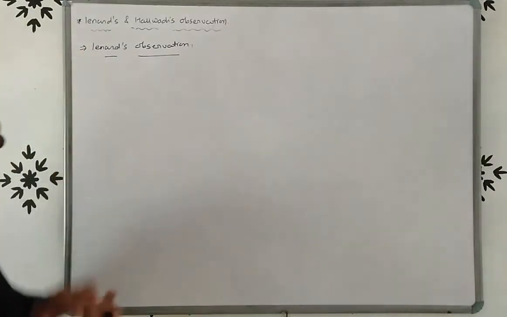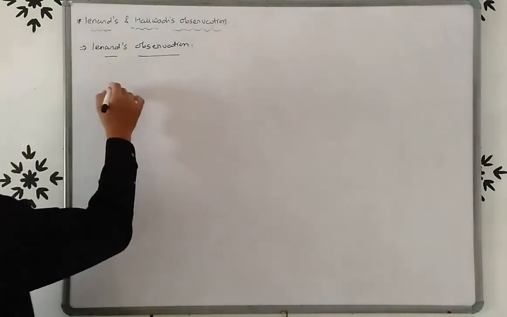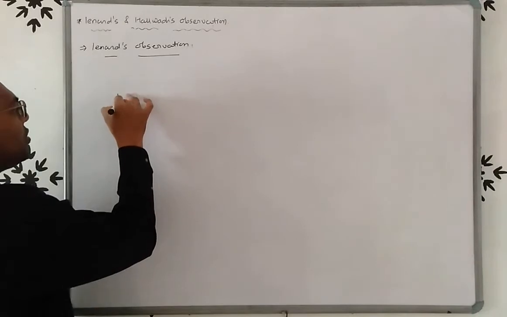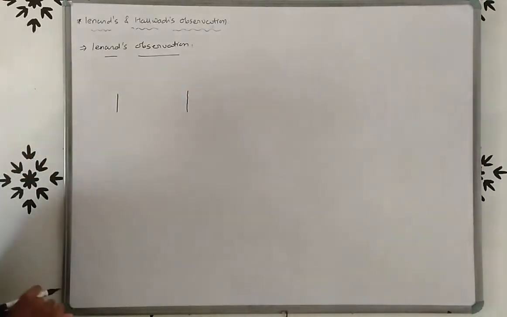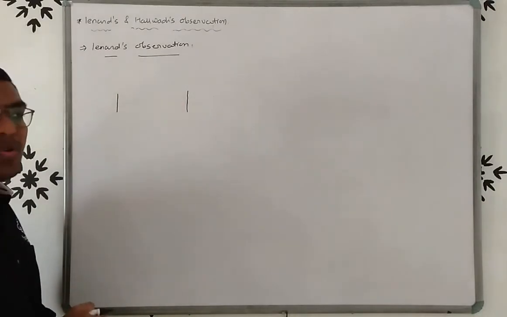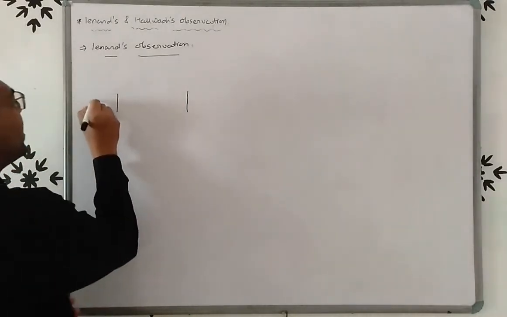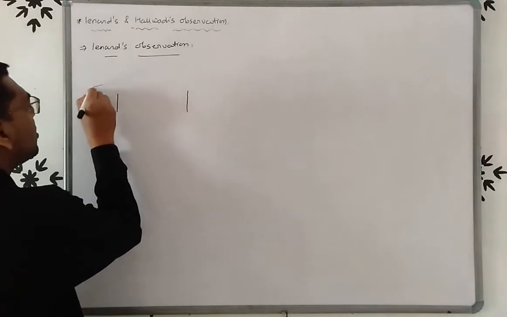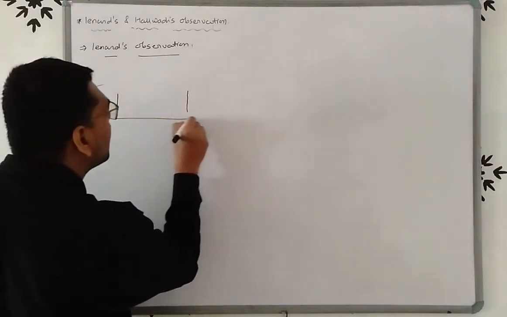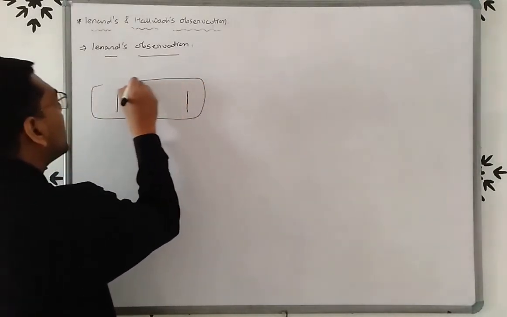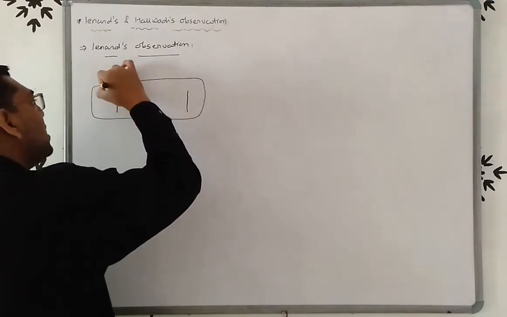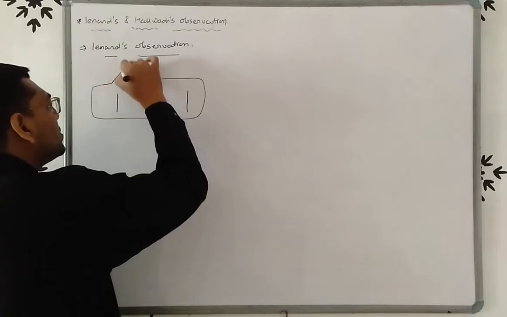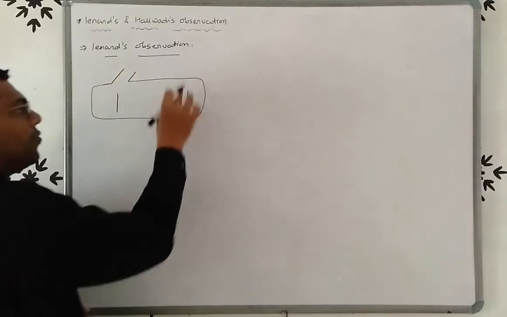So see friends, here there are two metal electrodes which are kept opposite in the evacuated glass tube like this. So you can say that this is the evacuated glass tube, so there is free space.